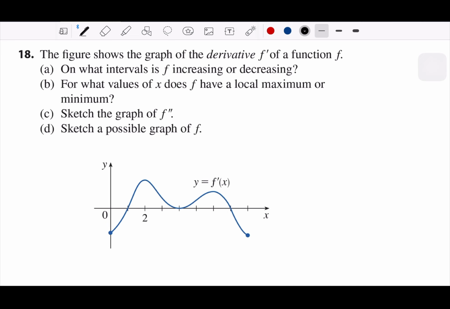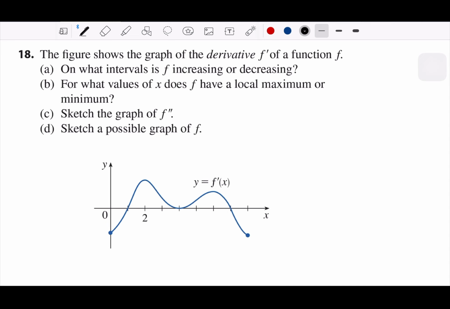Now, what you need to take as essentials is all the f prime and f double prime properties: when it's positive, when it's negative, what it looks like, increasing, decreasing, concavity, critical point, and then the inflection point.